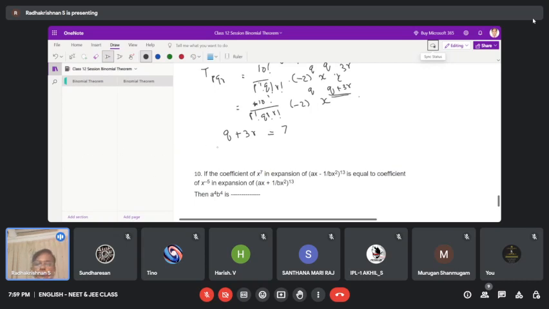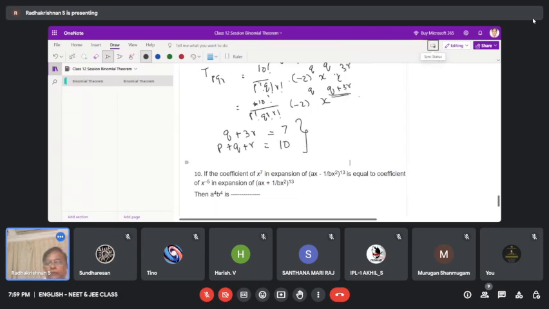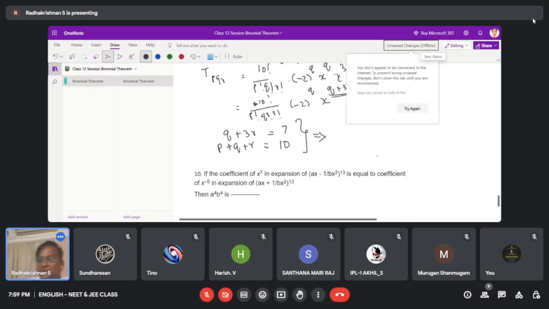We also know that p plus q plus r equals 10. So p plus q plus r equals 10, q plus 3r equals 7. Since p, q, r are all integers, there are only very few such combinations.